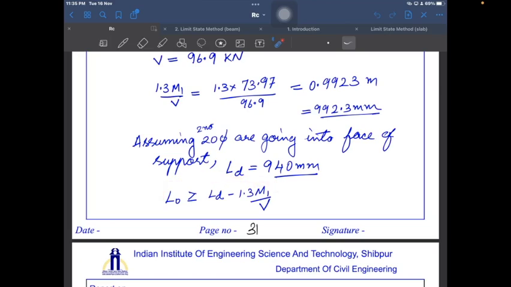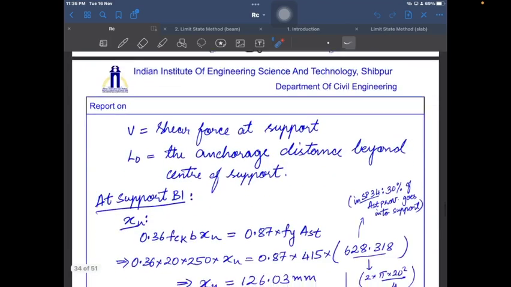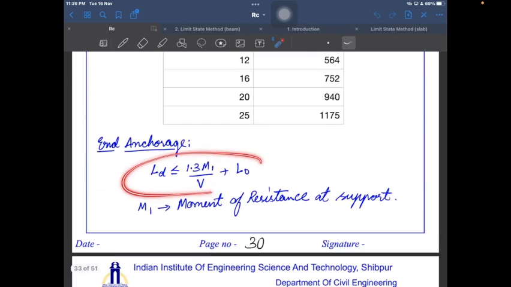This formula is made to restrict our phi. Our LD depends on phi, so we have to restrict our phi such that this formula is satisfied. At support we know our LD, we know our 1.3 M1 by V, and based on these two we calculate L0.